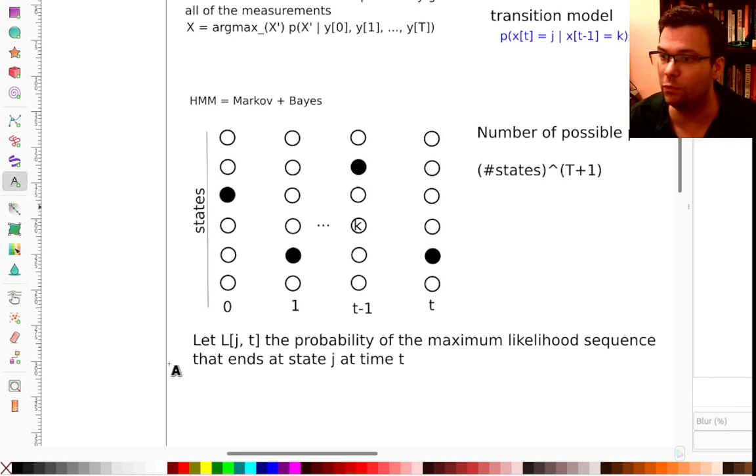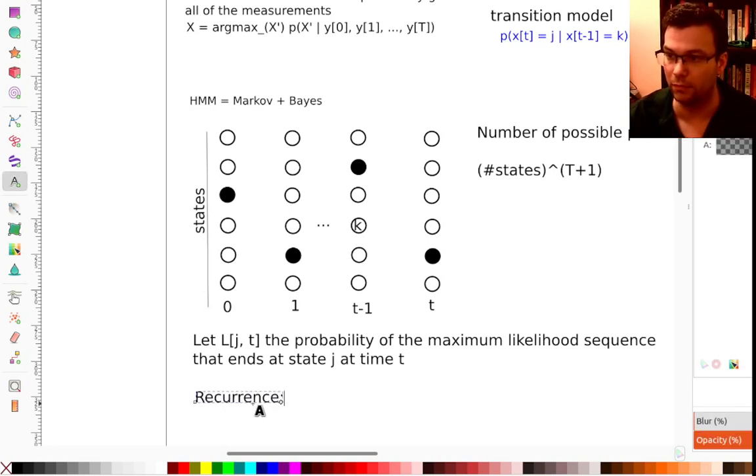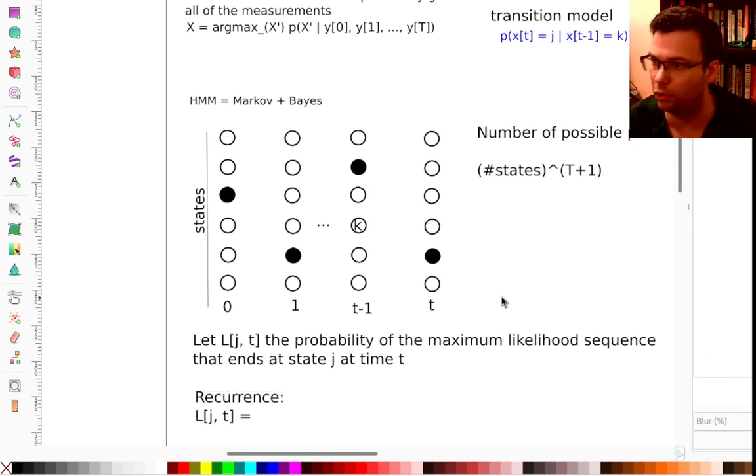All right, so here's what we can say. Now we have the following recurrence, L J T. Well, I kind of have to draw a picture to show this. So to avoid confusion, let me get rid of these for a second.